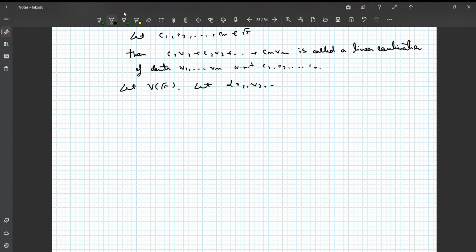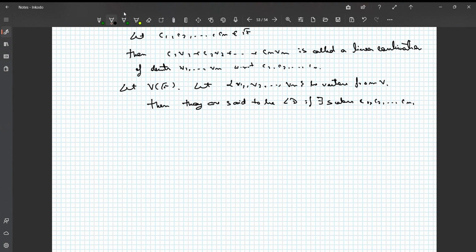So let v1, v2 till vn be vectors from V. Then they are said to be linearly dependent, that is, these vectors are said to be linearly dependent if there exist scalars c1, c2 till cn, not all zero.